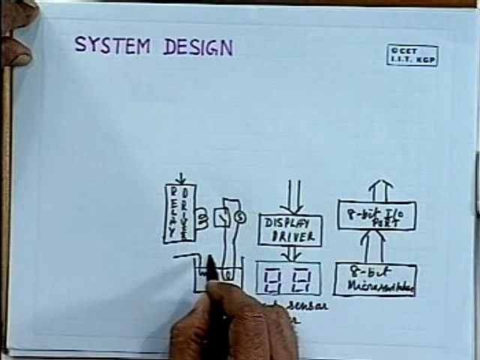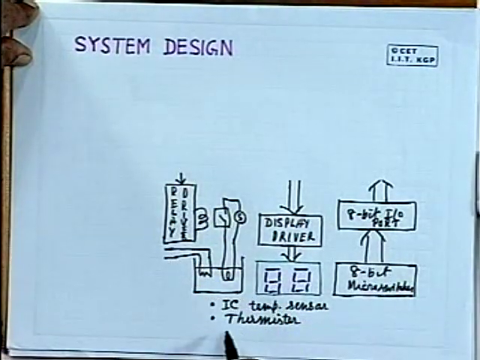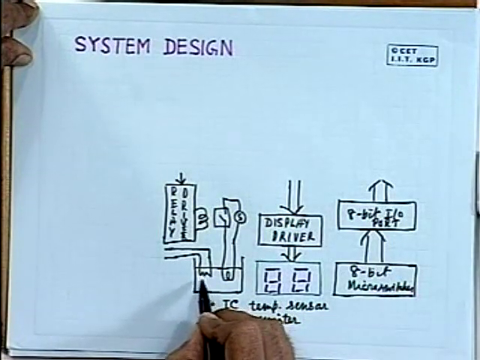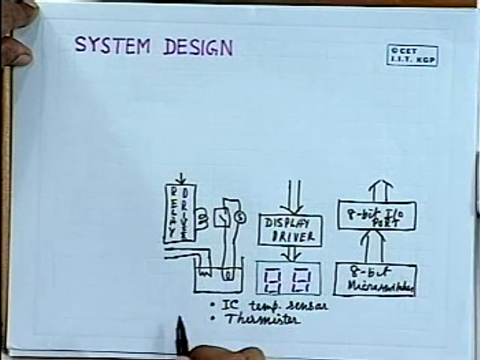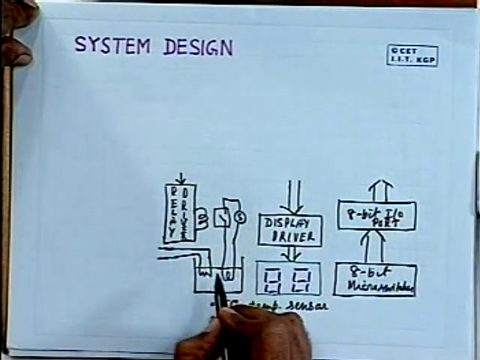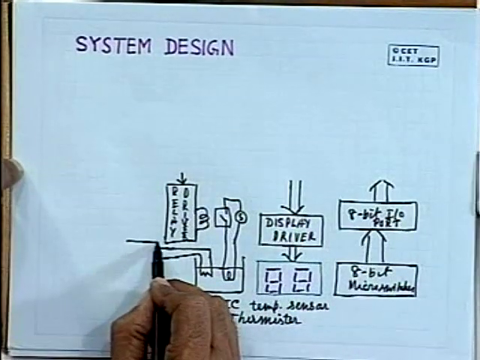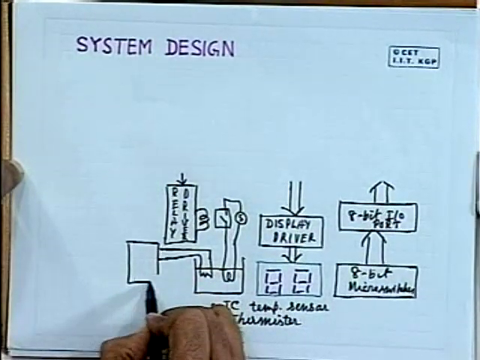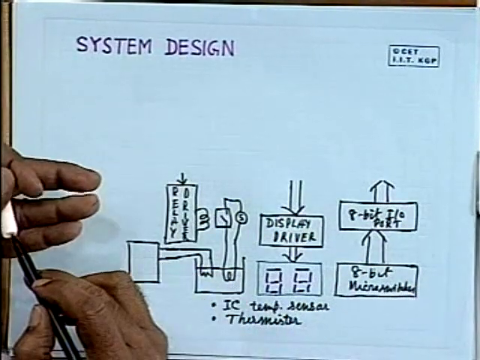Thermistor is nothing but a resistor. It is a resistor, but the resistance of this device changes with temperature, and the characteristics we shall see later, and this has to go to one device where it will perform the signal conditioning.